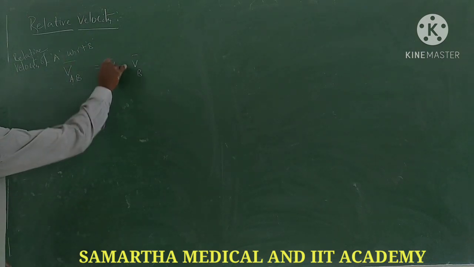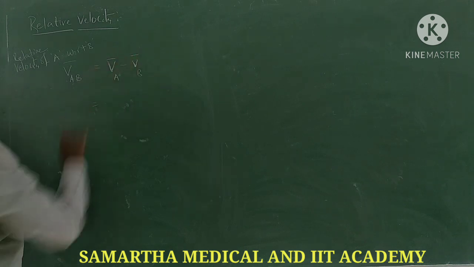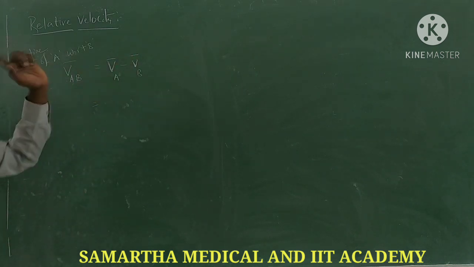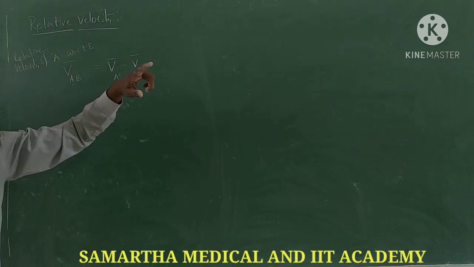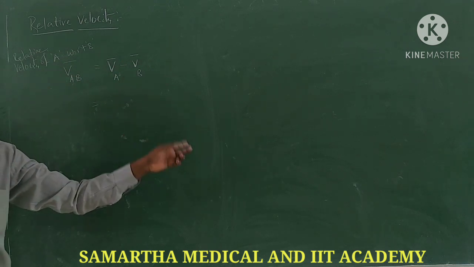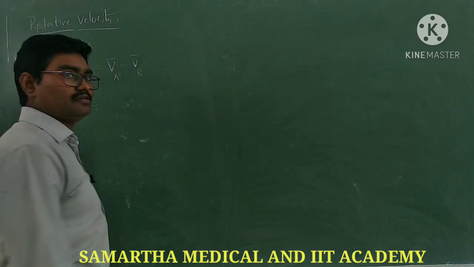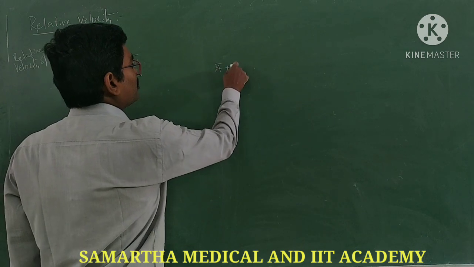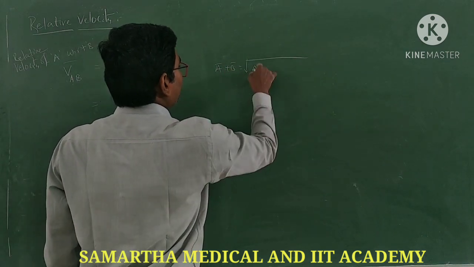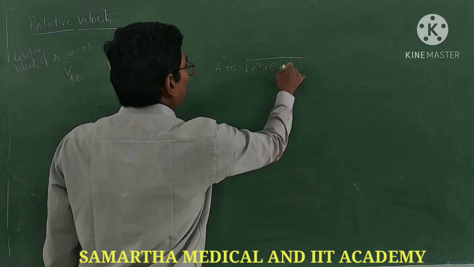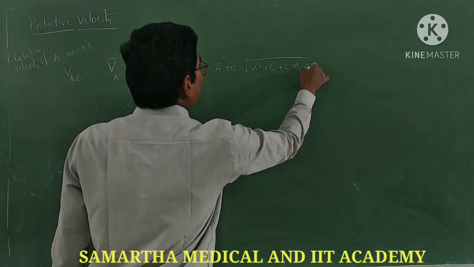It is just like one vector minus another vector, A bar minus B bar. What is the formula in vectors? A bar plus B bar is the square root of A square plus B square plus 2AB cos theta.